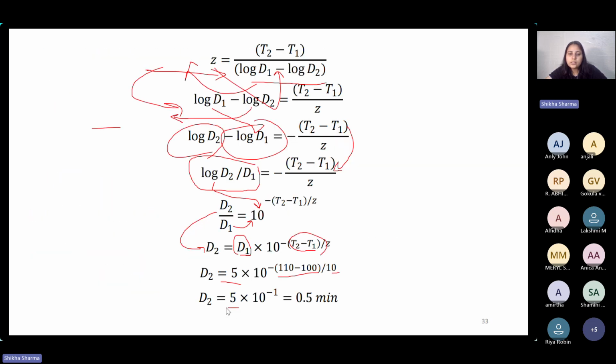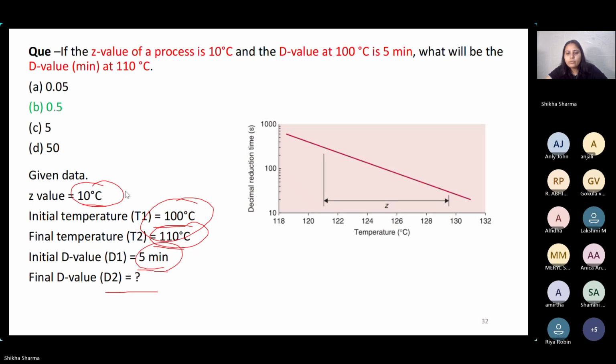So D2 will be 5 into 10 to the power minus, and 110 minus 100 is 10 divided by 10, which comes as 1. So 5 into 10 to the power minus 1, which is 0.5 minutes. So here answer B is correct.